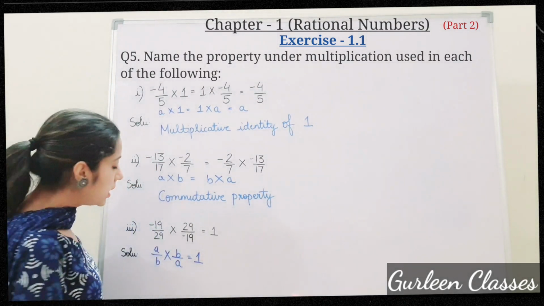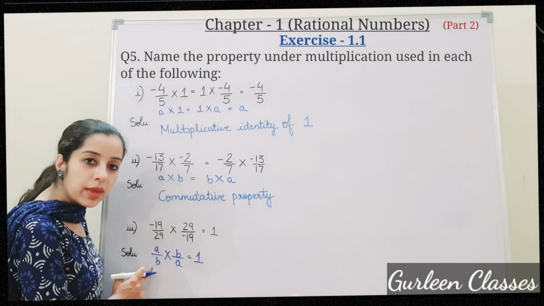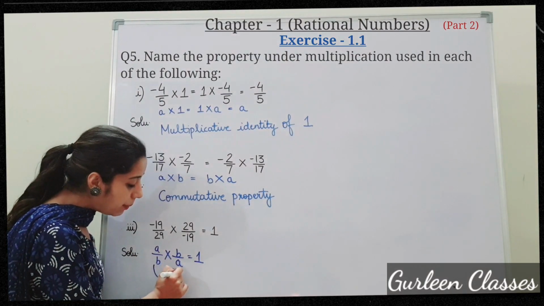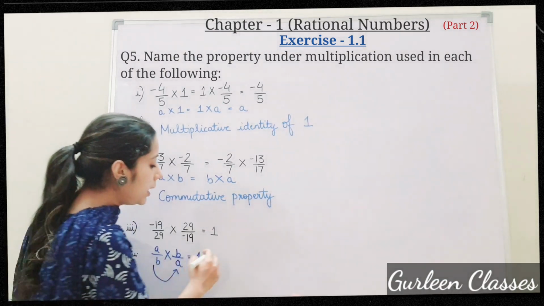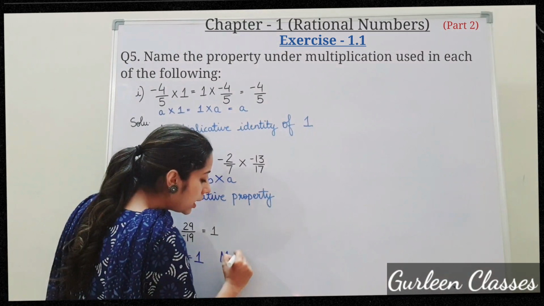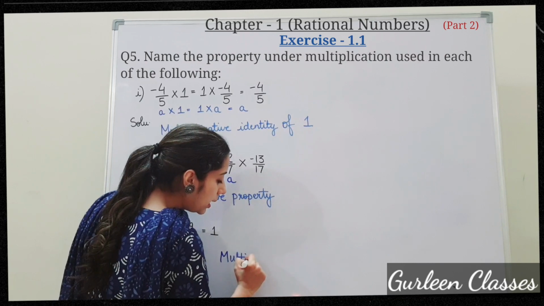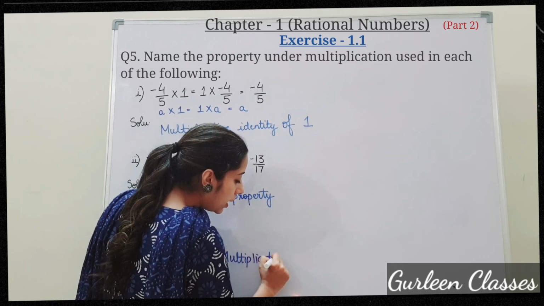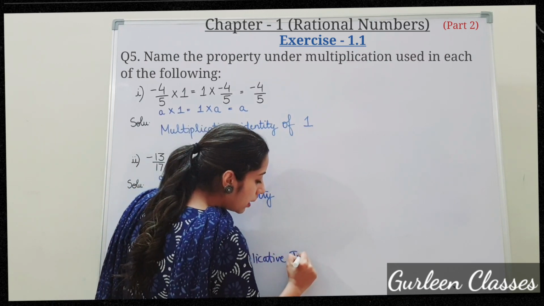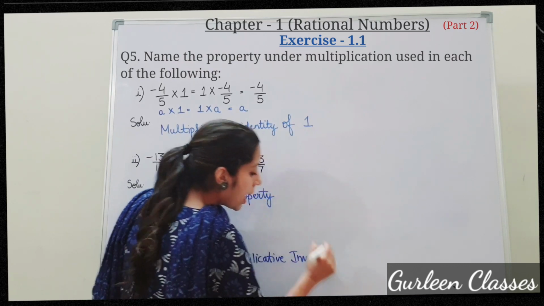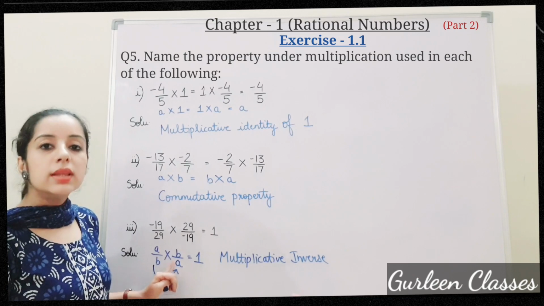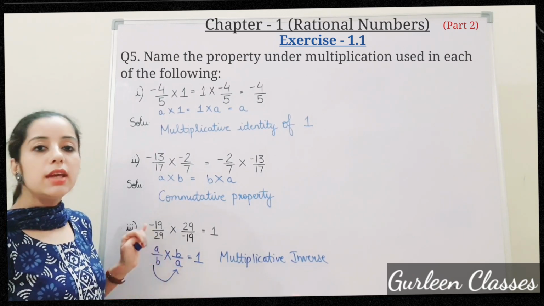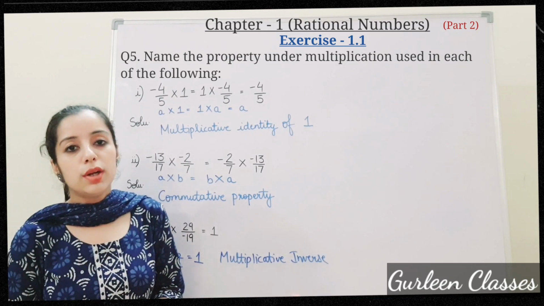If you have noticed here, A upon B, and the second number which we are multiplying is the inverse of A upon B. So the property is multiplicative inverse. As we can see here, A upon B into the second number, which is the inverse of the first number, is equal to 1.